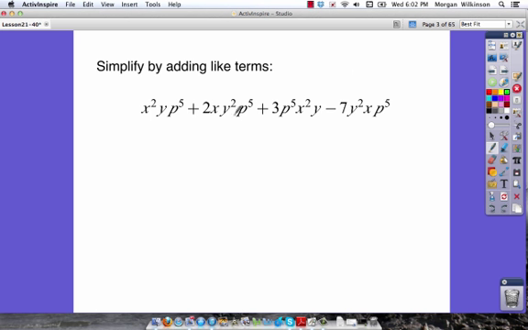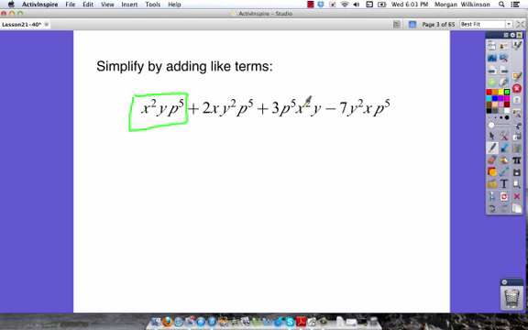Here's another one. This one looks complex, but it's the same thing. What we have to do now is take one step at a time, and we're going to figure out how many x squared, y, p to the fifths we have. Let's start with that one. We can see we have one of them right here. There's no coefficient out in front, so we have a 1. X squared y p to the fifth. X, oh, that's not the same, so we're going to skip it for now because it's just x to the first.